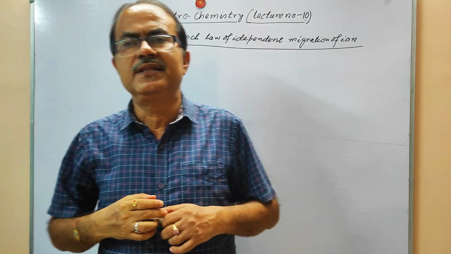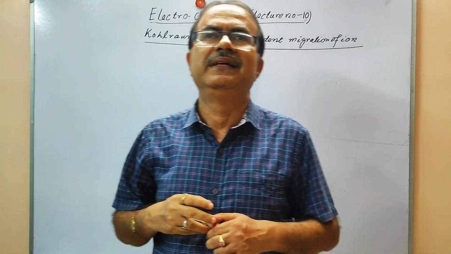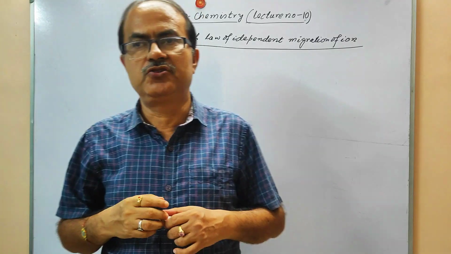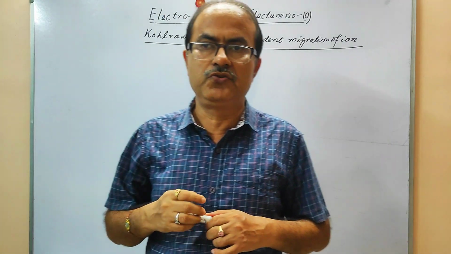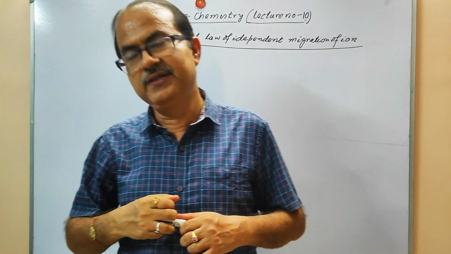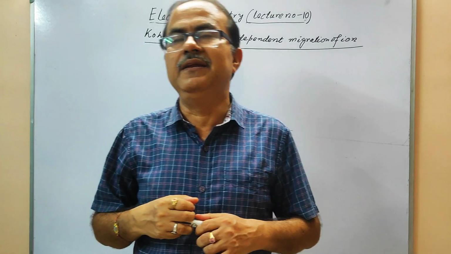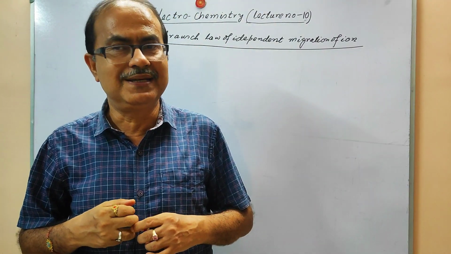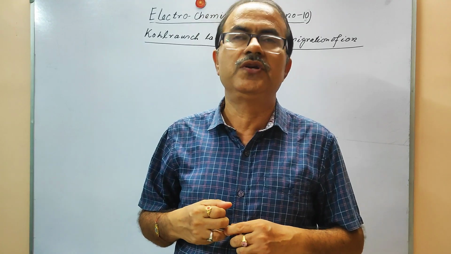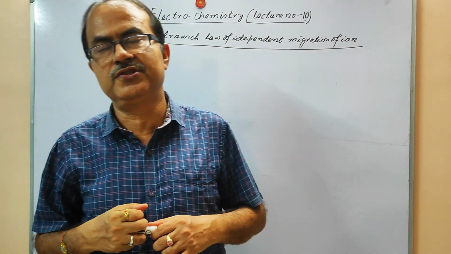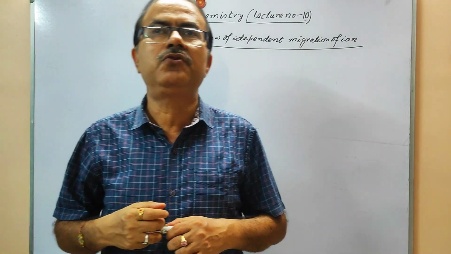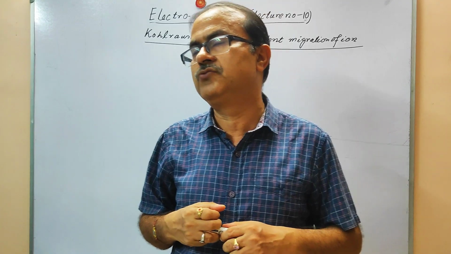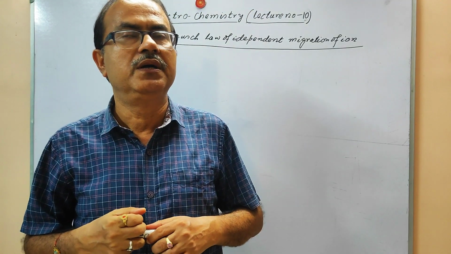By using the extrapolation technique, extrapolating the concentration to zero, we can determine the limiting molar conductivity, that is the molar conductivity at infinite dilution. But for weak electrolytes, we cannot do so.